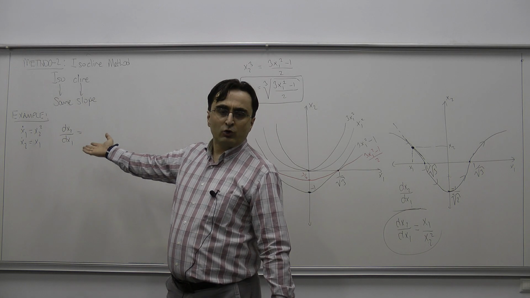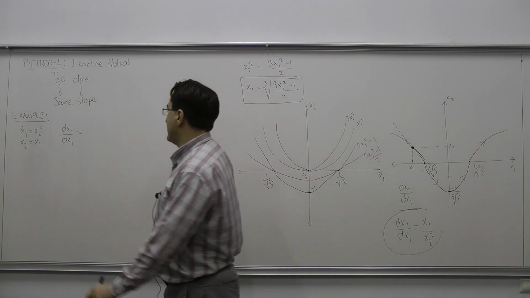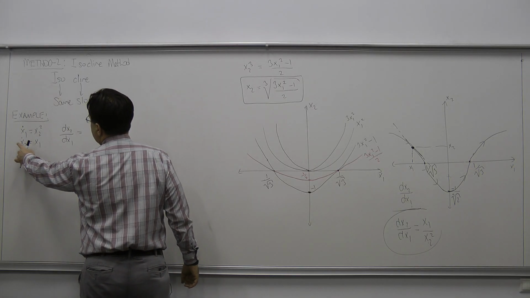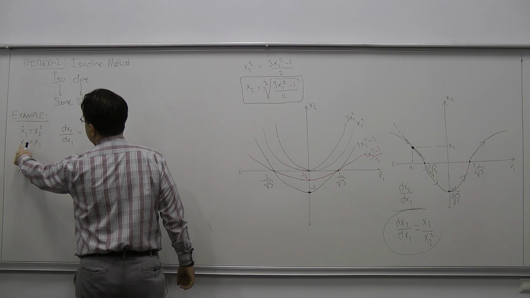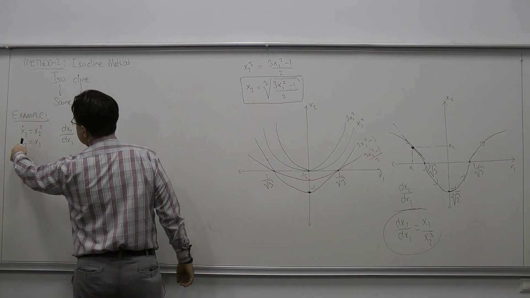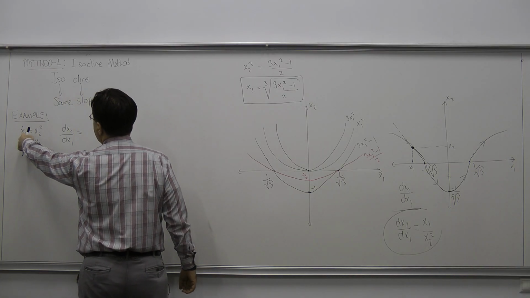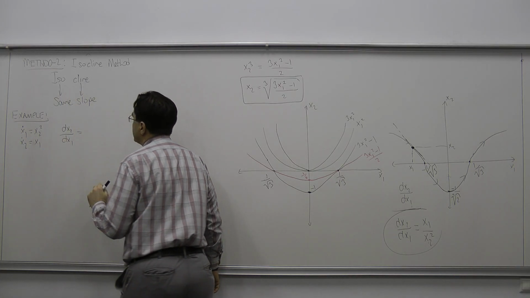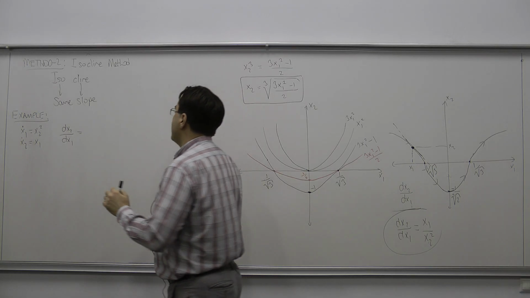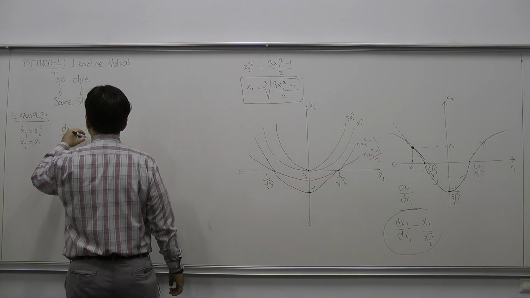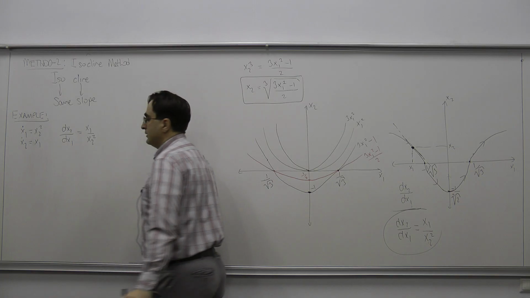Now we know how to obtain such a quantity. If I divide x2 dot by x1 dot, I would obtain dx2 over dx1, and that is going to be x1 over x2 squared. All right?